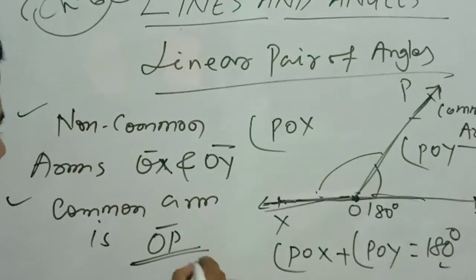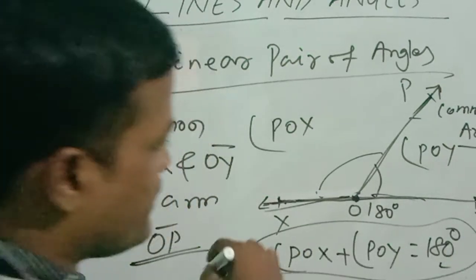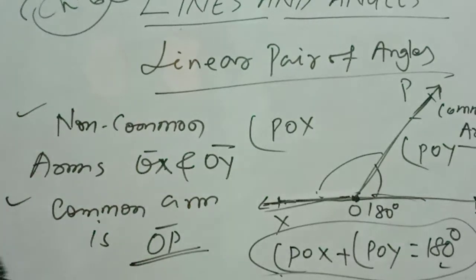So this value is 180 degrees, which is called a linear pair of angles.